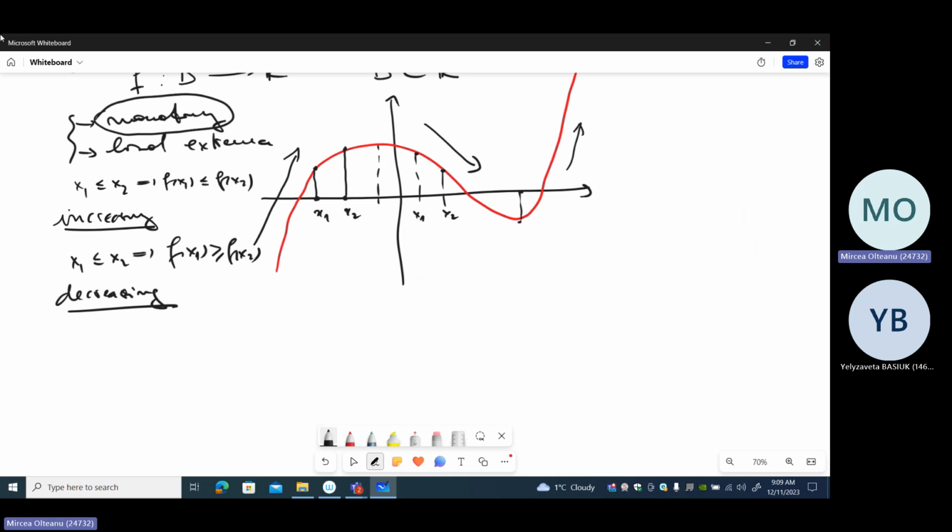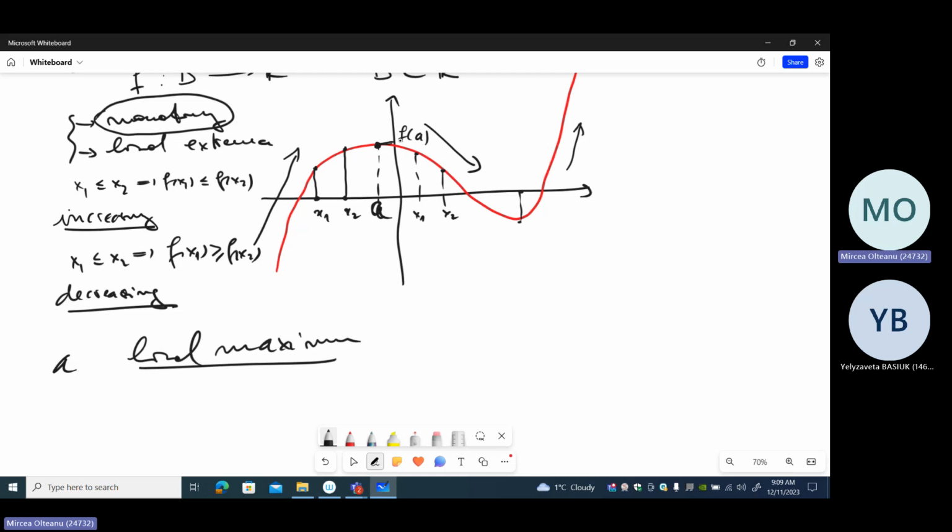Local extrema: A is, for instance, a local maximum if there is an interval around that point, for instance this one, on which the function is less or equal than the value at A. As you can see here, at the point A, the value f of A of the function is the highest on the graph.